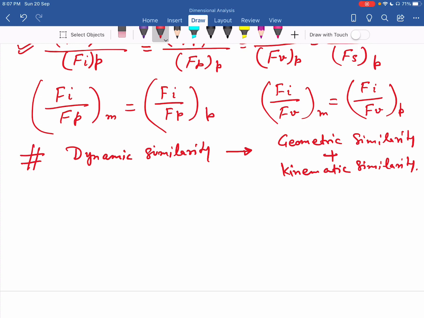If there is no geometric similarity, then there is no kinematic similarity. So for dynamic similarity, these two similarities must be there. Or you can say for kinematic similarity, the geometric similarity must be there. Okay. So if there is dynamic similarity, that means kinematic and geometric similarity are already there. So dynamic similarity means there is a complete similarity between the model and the prototype. So that is in similitude. The model and its prototype are in similitude.